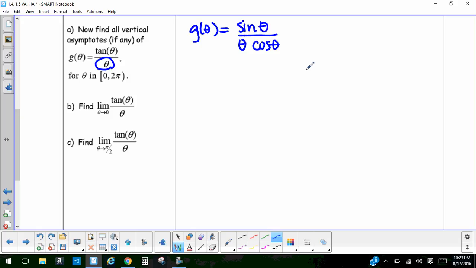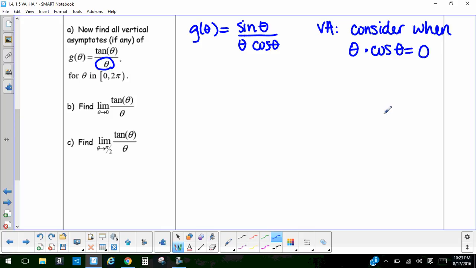Okay, so for a VA, I want to consider when theta times cosine of theta is equal to 0. But I will also have to check to make sure that I don't have 0 over 0.